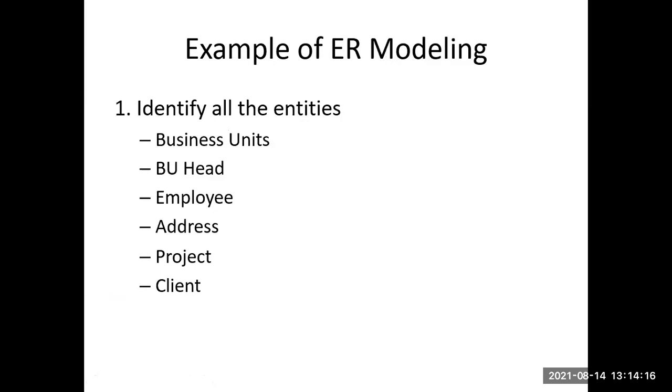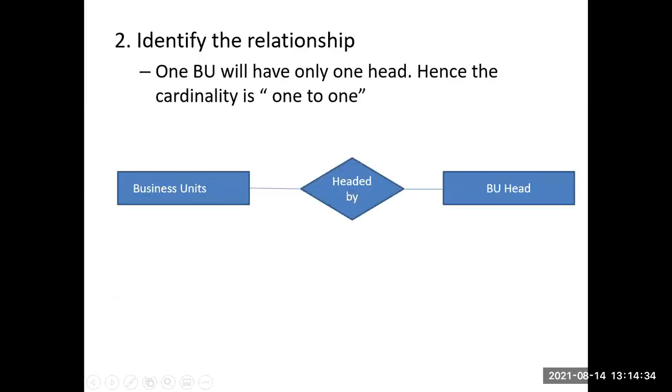I had just discussed an example for ER modeling for a business company, where you checked what the entities or tables are. They were business unit, business unit head, employee, address, project, and client. These are the entities or tables. Coming to the second point, you are supposed to identify the relationship with the help of cardinality.